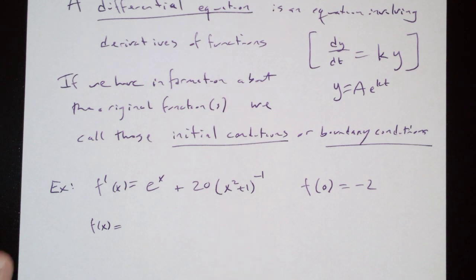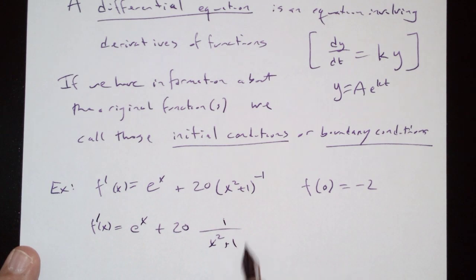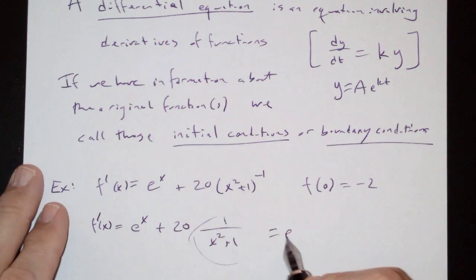Yeah. So I would write this as f prime is e to the x plus 20 times 1 over x squared plus 1. Hey, wait a second. I've seen that before. Only I wrote it as 1 over 1 plus x squared, didn't I? So it doesn't matter, I'm adding. It doesn't matter what order that is.